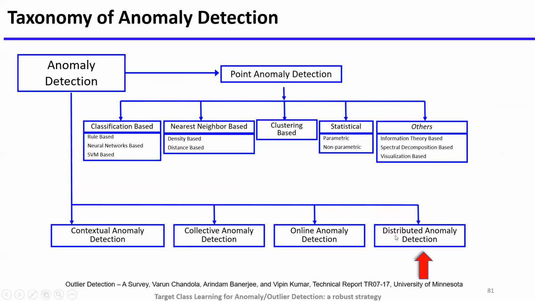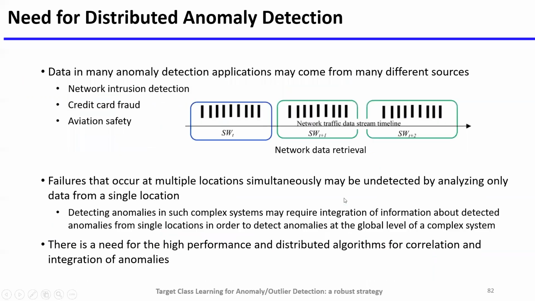Okay, so lastly, we will be having the distributed anomaly detection techniques. Distributed anomaly detection techniques means we can understand the scenarios, in most of the applications, we are gathering the data which is coming from multiple sources. So that can be network intrusion data, aviation safety data.